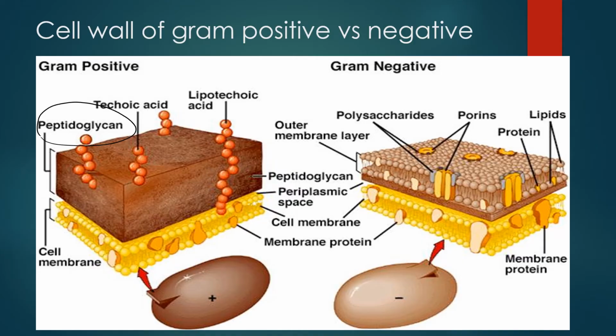Again, going back to the pathogenicity quality of bacteria in avoiding the host defenses. This is just an FYI and nice to know, to show you the difference between the cell wall of a gram-positive versus a gram-negative bacteria.